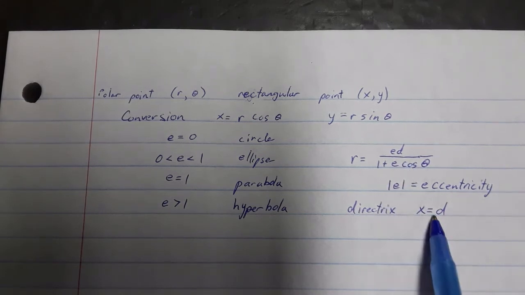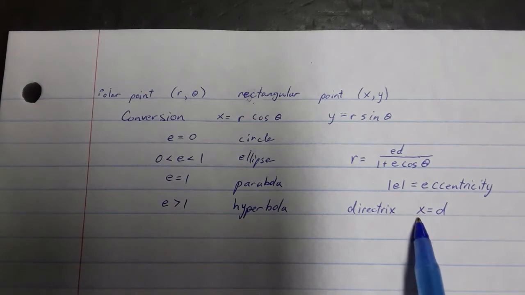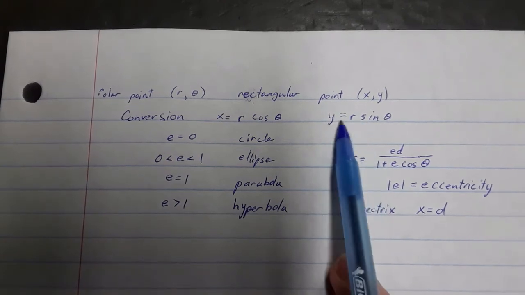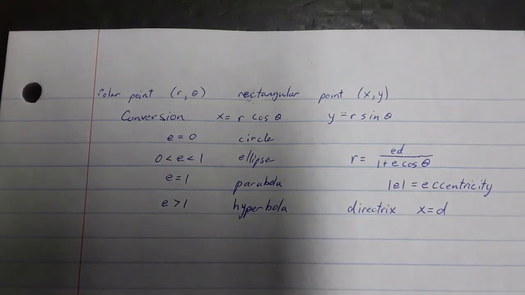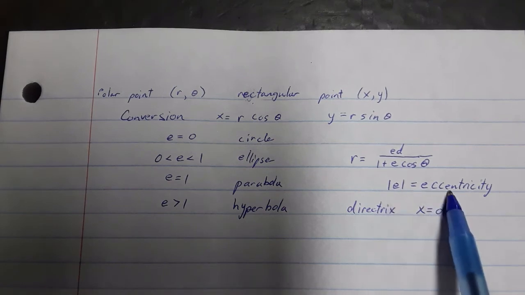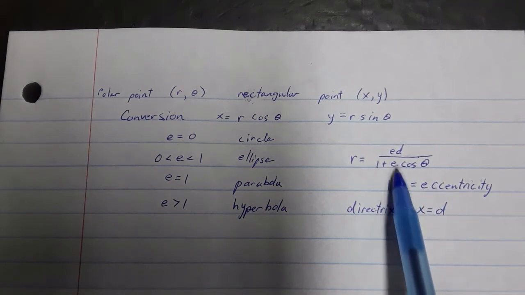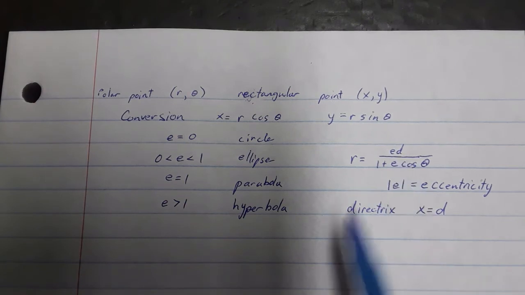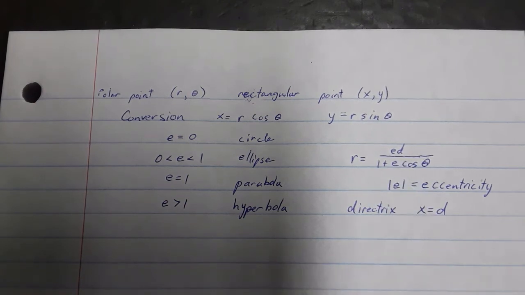So this directrix is intercepting the x-axis. With sine in here, we would be intercepting what would be the y-axis if we were in rectangular coordinates. So that's an important thing to know. So the e in here is going to give us the eccentricity if we take the absolute value of it. And then the directrix will be determined from the d here. That d will be the intersection with an x or a y.